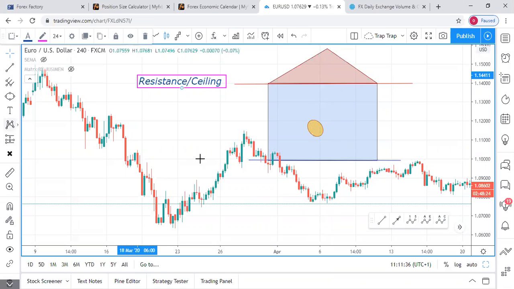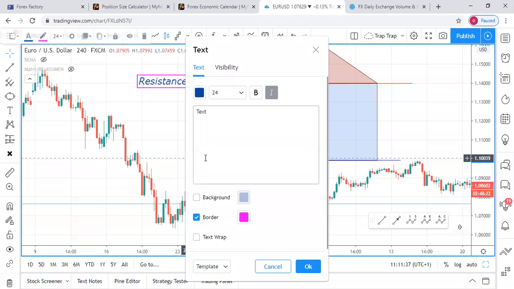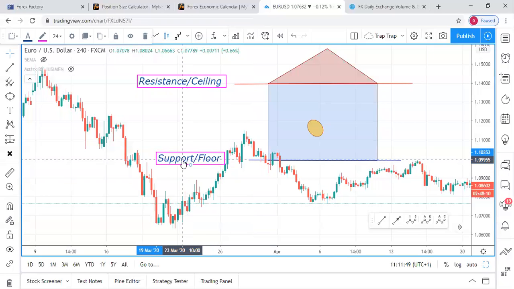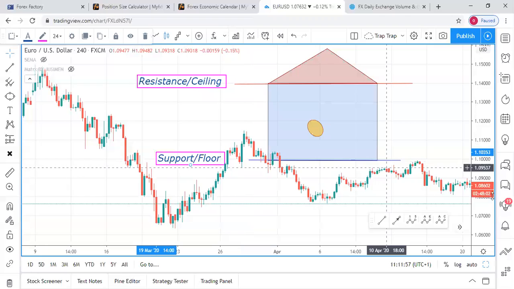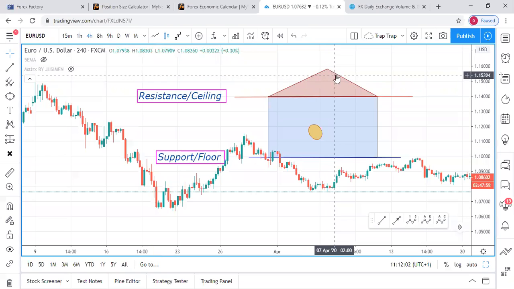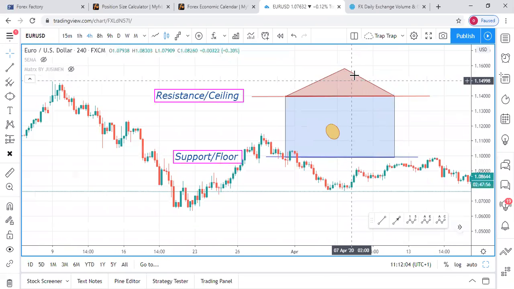This becomes a support, or you can call it a floor, right? So price comes here, bounces up, goes there, bounces down. We have a resistance and a support. That is a very primary way of looking at resistance and support.